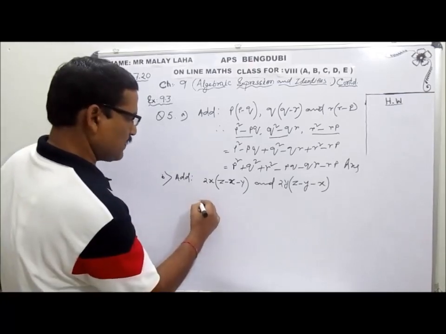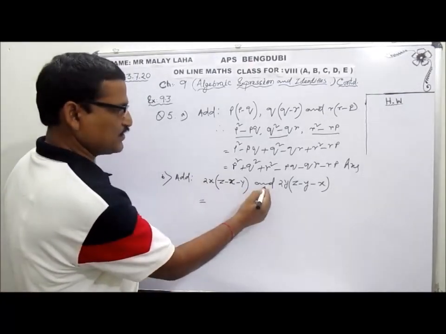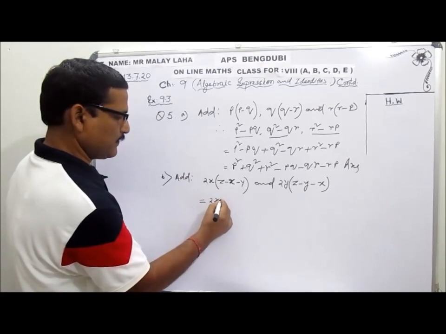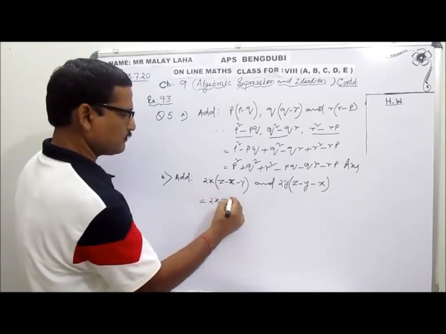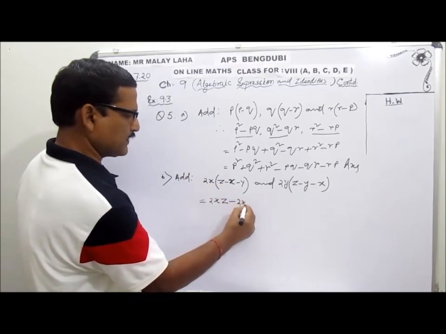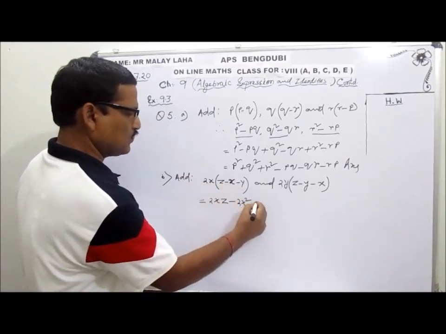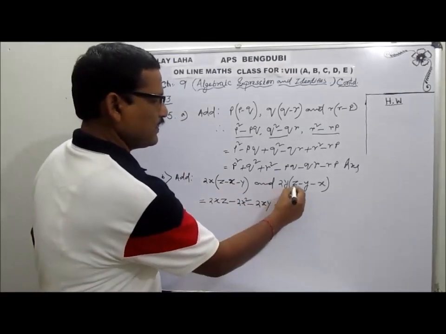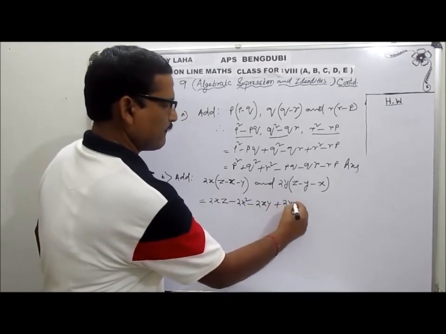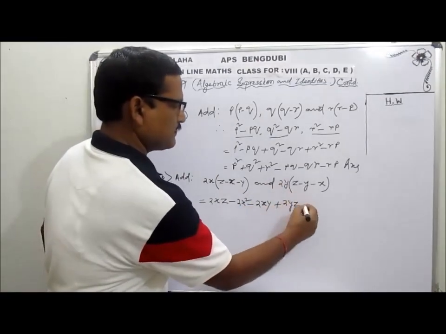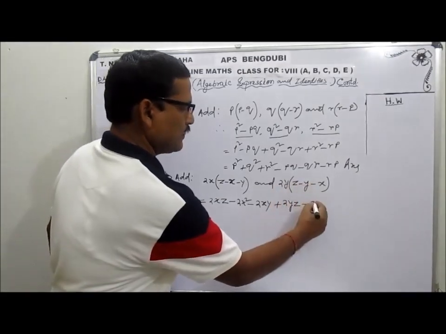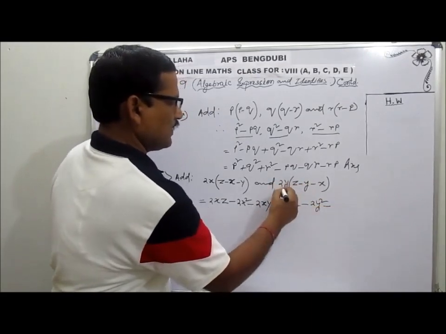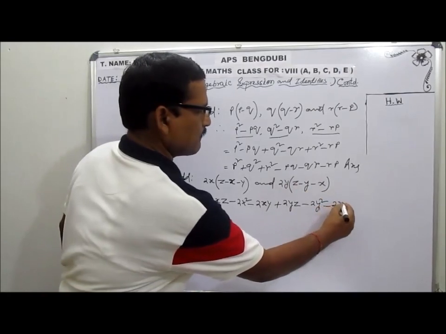So what I will do, and add is there, this instruction will be replaced by plus sign. 2xz minus 2x square plus 2xy, and sign is plus 2y into z, 2yz minus 2y into y, 2y square plus 2y into x, 2xy.